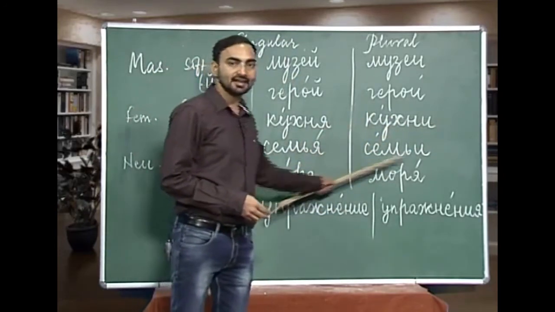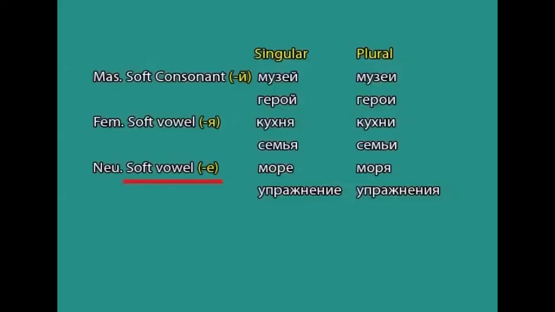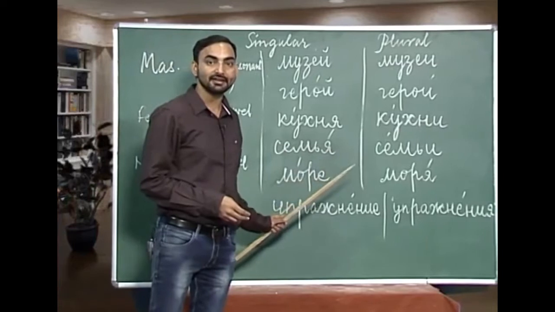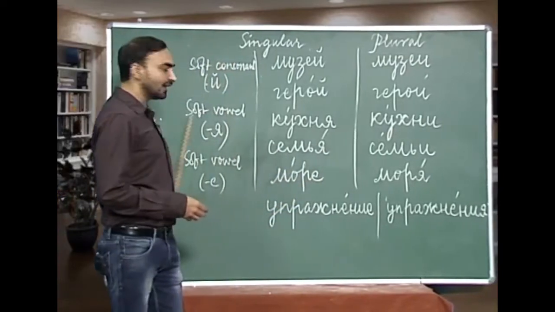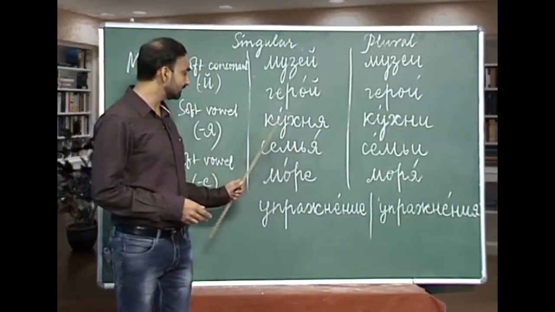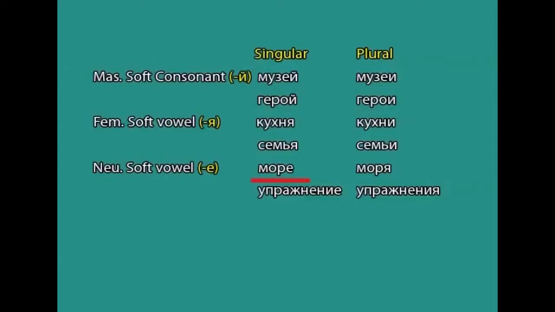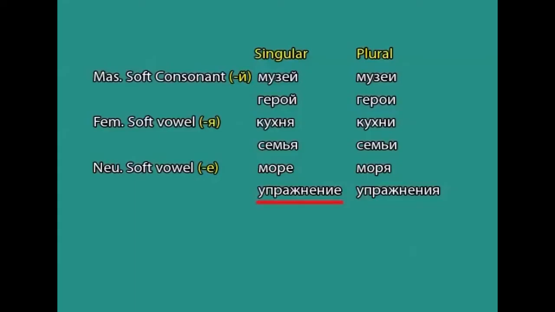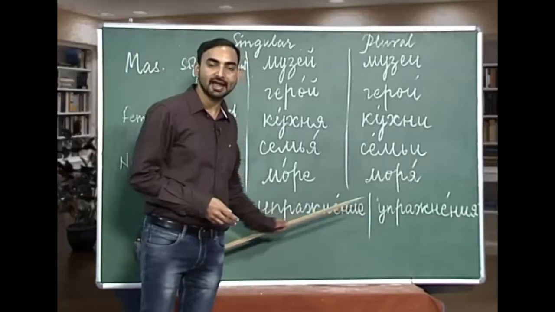Semya, semyi, families. Now comes the neuter gender noun with soft vowel ye. The neuter gender nouns which end with a soft vowel ye are again soft ending nouns. How do we make plural of those nouns? Let us take examples. First noun that I have written is more, m-o-r-ye, more is sea. Uprazhneniye, exercise.